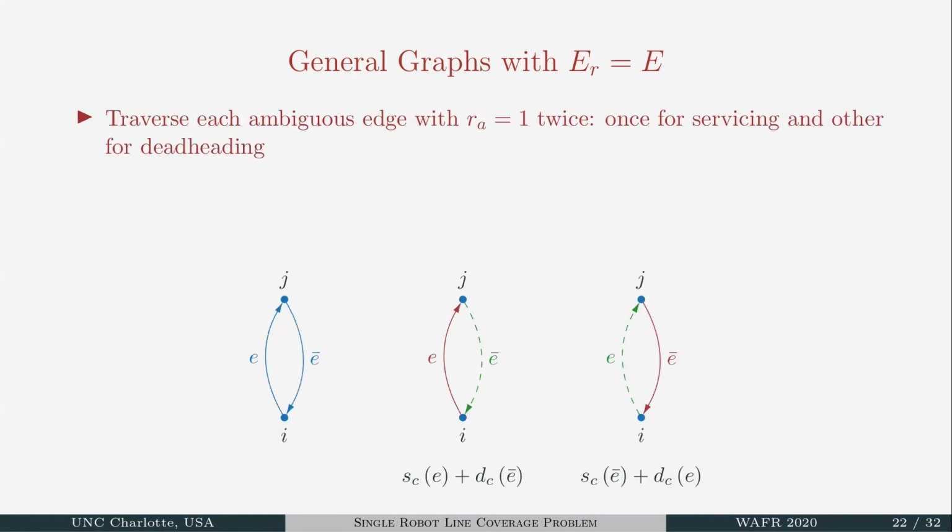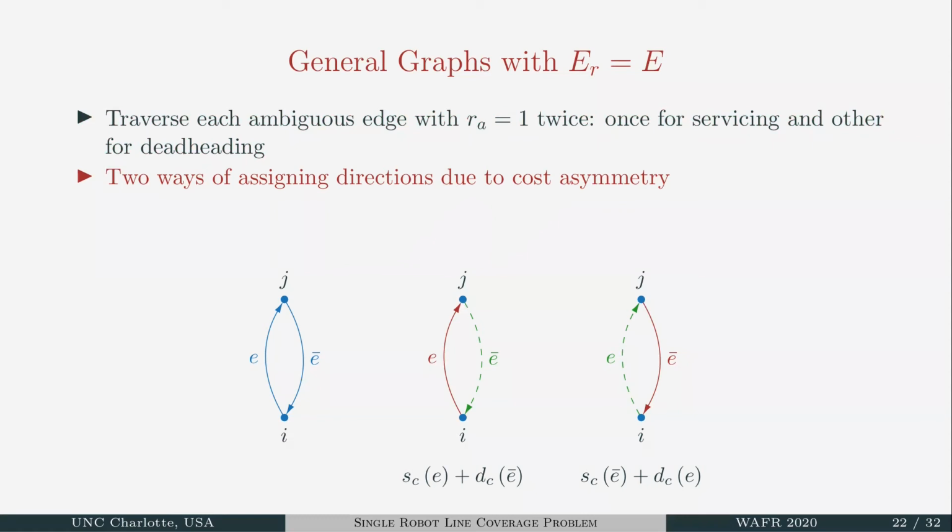We resolve this issue by traversing the ambiguous edges twice, once for servicing and the other for deadheading. There are two ways of assigning directions due to cost asymmetry. For example, in the bottom figures, we can first service the edge by traversing from vertex i to vertex j and then deadhead back to vertex i.